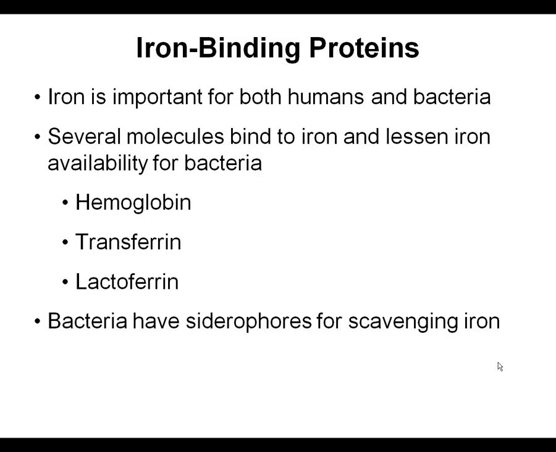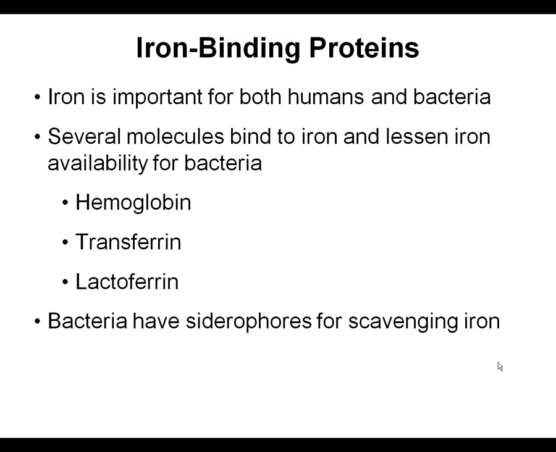All of these are going to do the very same thing. They're going to bind iron, they're going to sequester it, and they're going to make sure that these bacteria have to fight very, very hard to get this iron, and it sequesters it for use for the body, and it leaves it away from the bacteria.